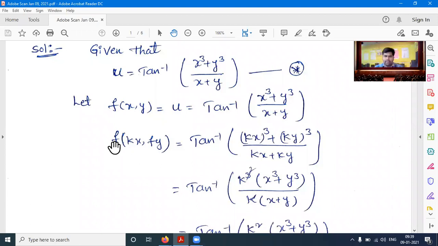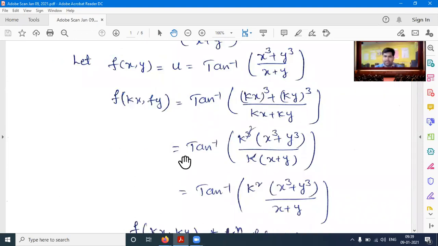So f of kx comma ky is equal to tan inverse of ((kx) to the power of 3 plus (ky) to the power of 3), because we are finding f of kx comma ky, divided by kx plus ky.